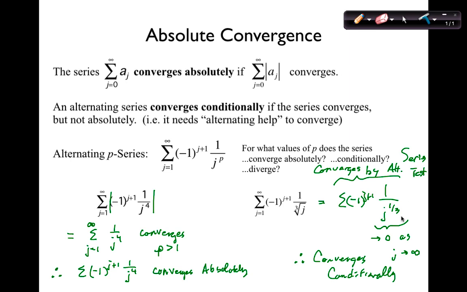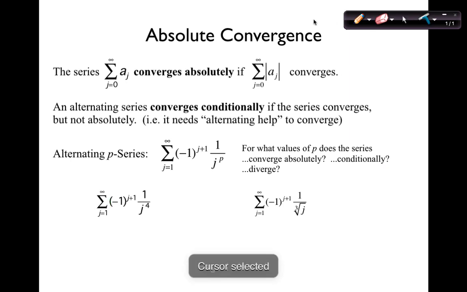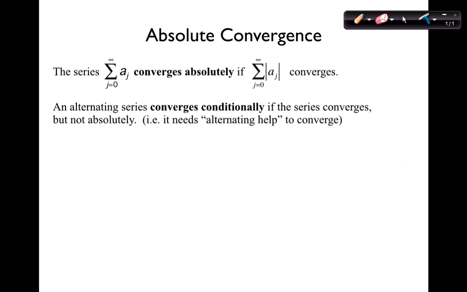But then when we check for absolute convergence, this goes away. This is the p series with p less than 1 that does not converge. Therefore, conditionally convergent. Questions on this? A lot of silence. I hope that's good silence. I'm not sure. All right, what about the geometric series?